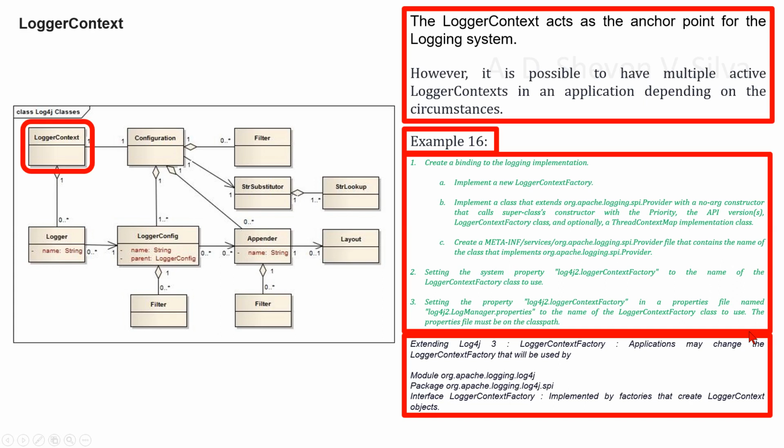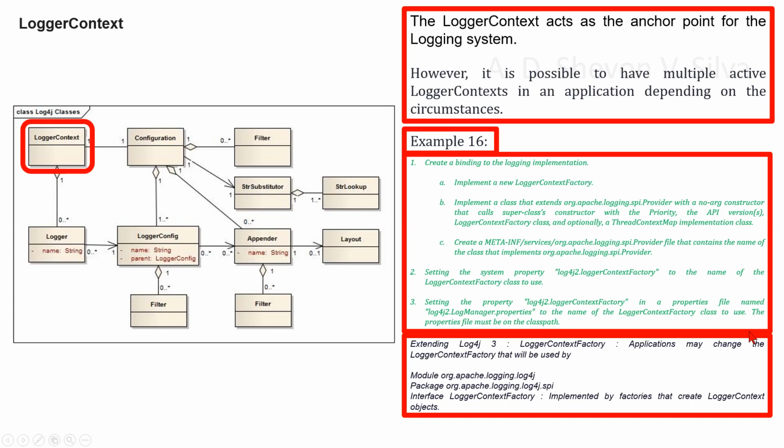Log4j will compare the current API version, and if it is compatible, the implementation will be added to the list of providers. The API version in org.apache.logging.log4j.LogManager is only changed when a feature is added to the API that implementations need to be aware of.